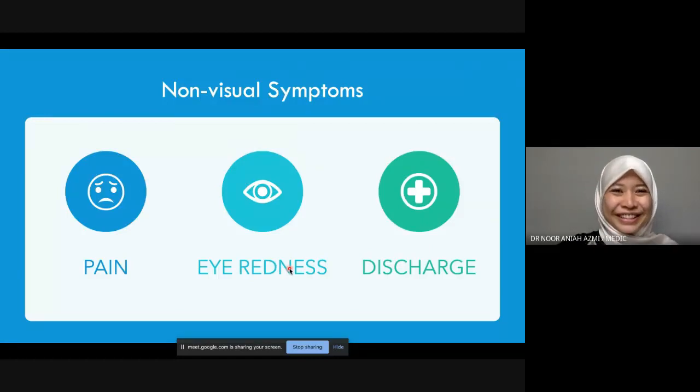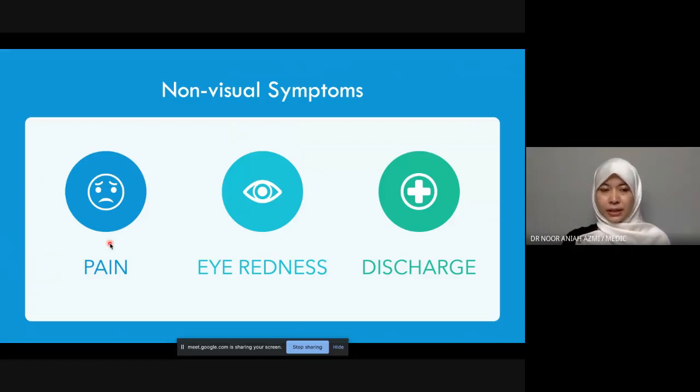That's good. Okay, so we also have the non-visual symptoms. That is important. One of it is pain, and then eye redness, and also eye discharge. Usually if it is pain, it is something alarming. Anyone should be free of pain. So when a patient complains of pain, especially eye pain, they need to be seen directly. It's an emergency because we want to see what it is.